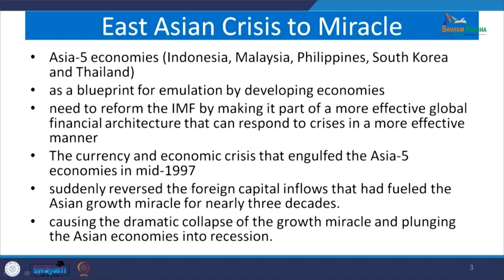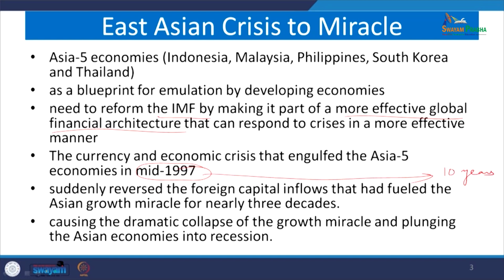So, some form of reform in the IMF has been discussed over time for an effective global financial architecture, so that these types of crises should not occur. Now, even if the crisis was felt in mid 1997, these countries were able to make it up in another 10 years.